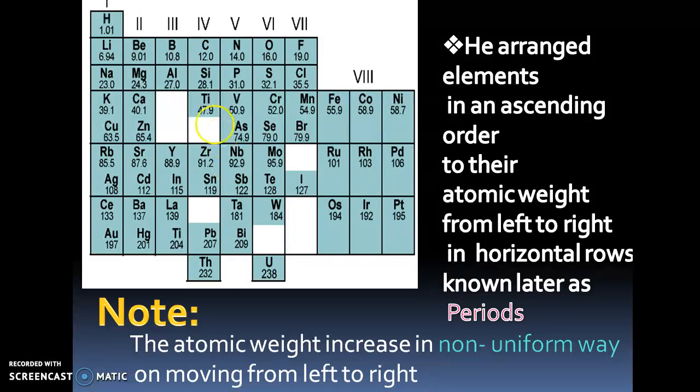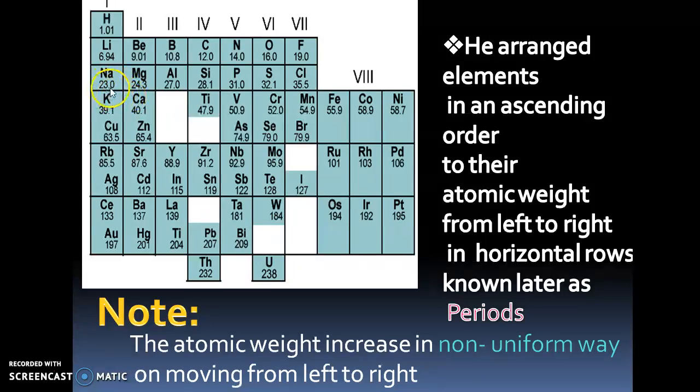How? If you see this element, sodium Na, with atomic weight 23. The next element is magnesium with atomic weight 24.